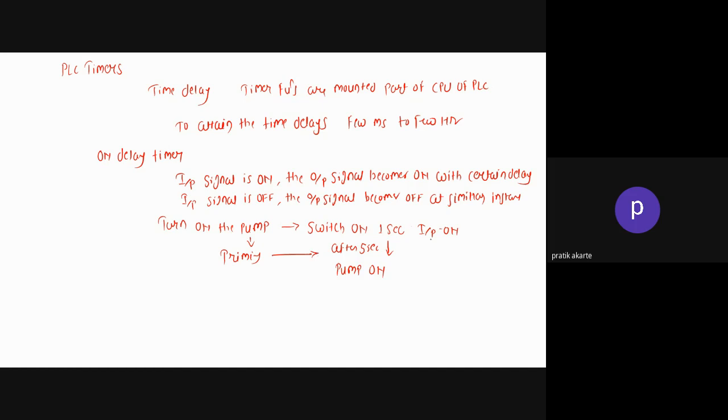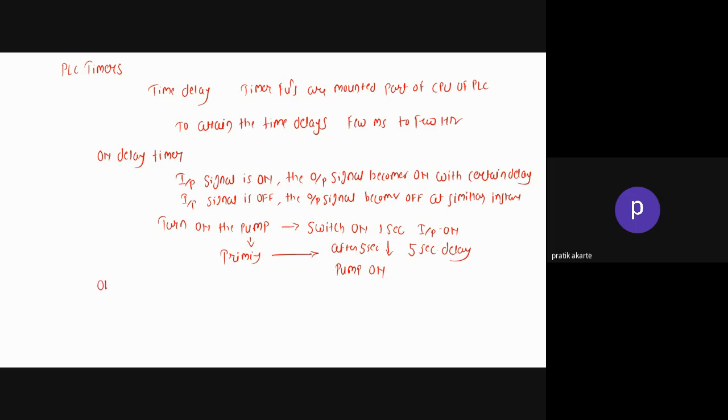So when your input is on, your output signal becomes on with a certain delay. Here we have a 5 seconds delay. That is what we call an on delay timer. So your output becomes true after some delayed time.